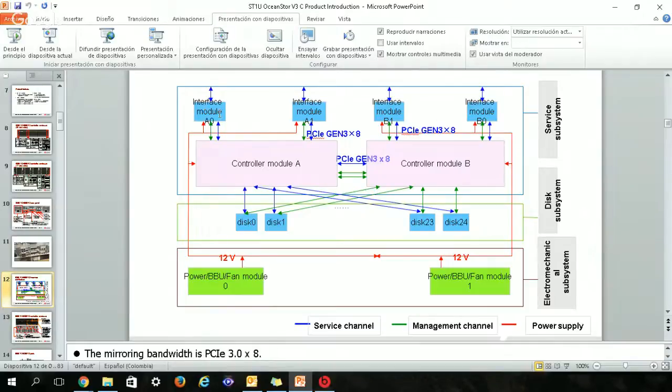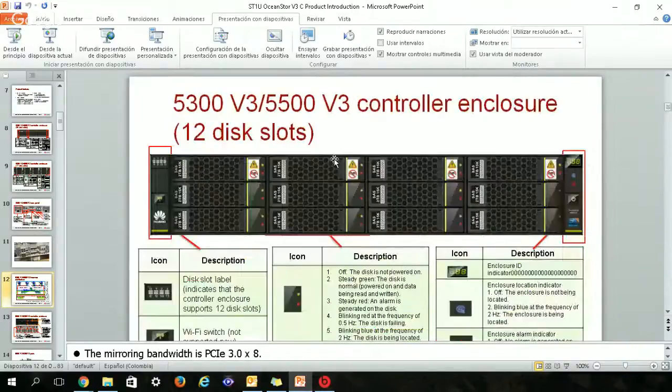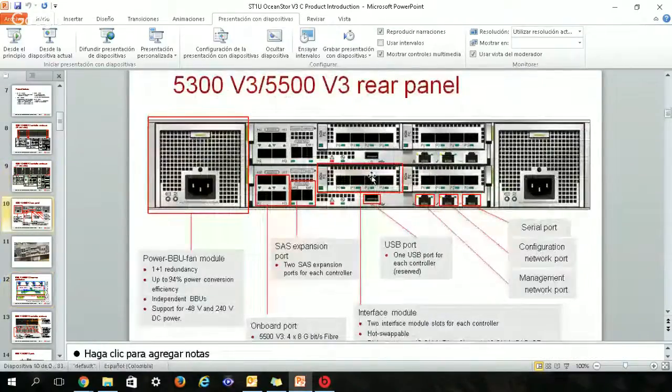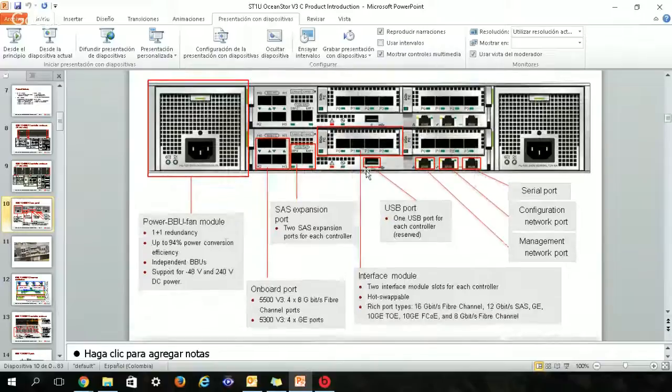So the interface modules are up here. Let me just go back here. The interface modules are these ones, to connect the servers.